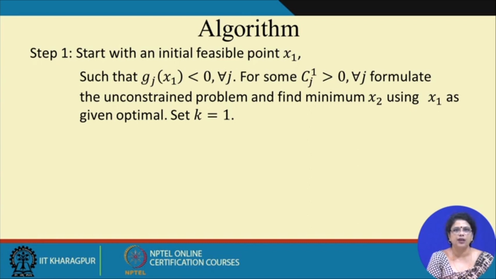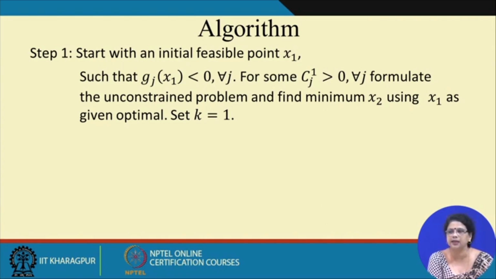Okay. Now, in the exterior penalty function method, we had to consider one point which is outside the feasible space. How did we check it? If there are 3 constraints, we were checking that at least one of the constraints should not be satisfied by that point.